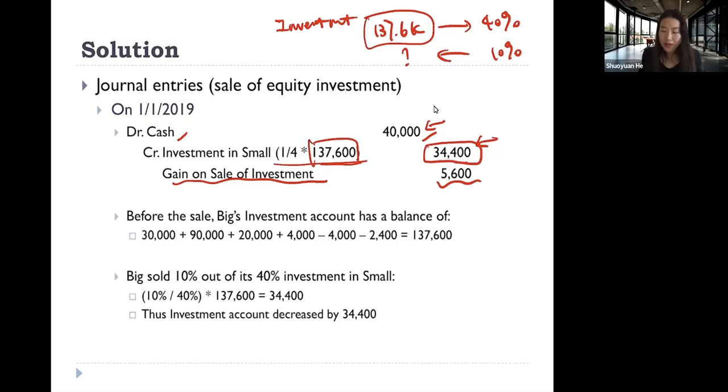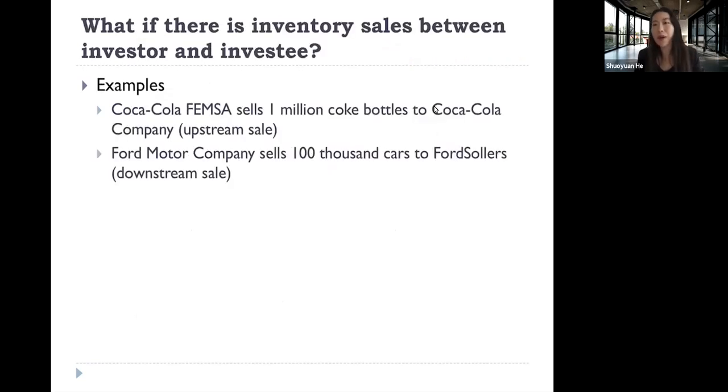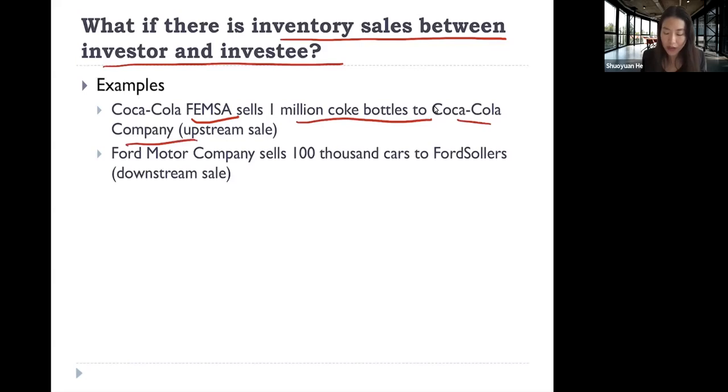And then there's one last additional issue I want to talk about, which is what if there is inventory sales between investor and investee? Some examples are Coca-Cola FEMSA selling 1 million Coke bottles to the Coca-Cola company.